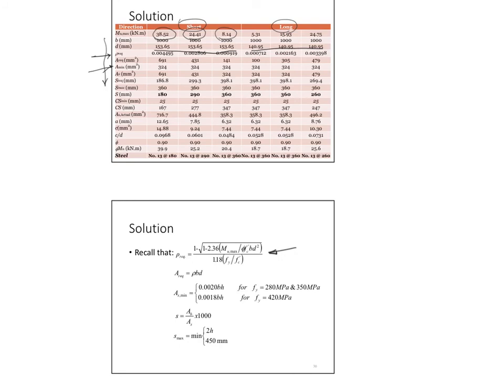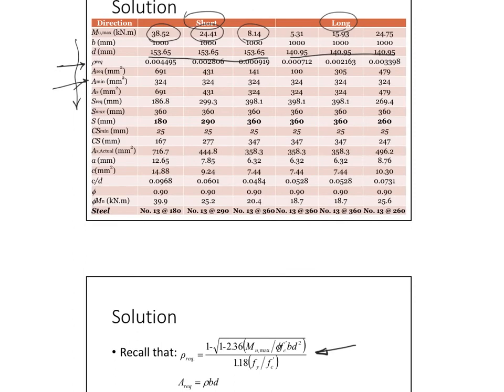Then I calculated the As, which I obtain from the rho required, and then S required, depending on the area of steel. Then we go over S max. So it's just step by step calculating, depending on the spacing, what the As minimum is to make sure that it's good. And then calculating the a, lowercase a, and then calculating the c, c over dt, or c over d in this case because it's only one single layer of reinforcement.